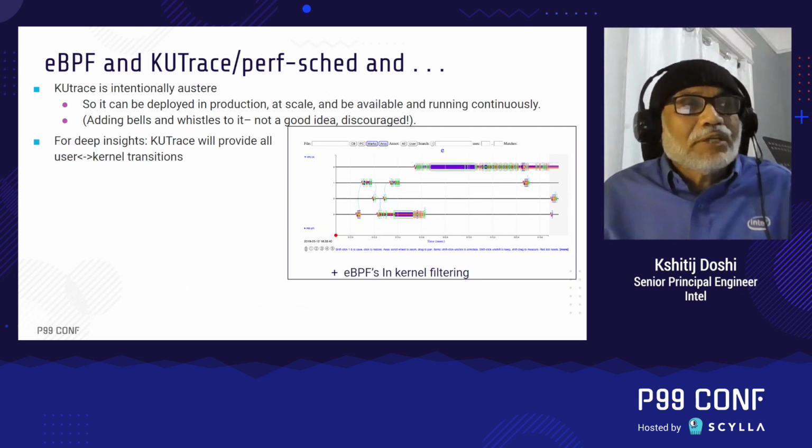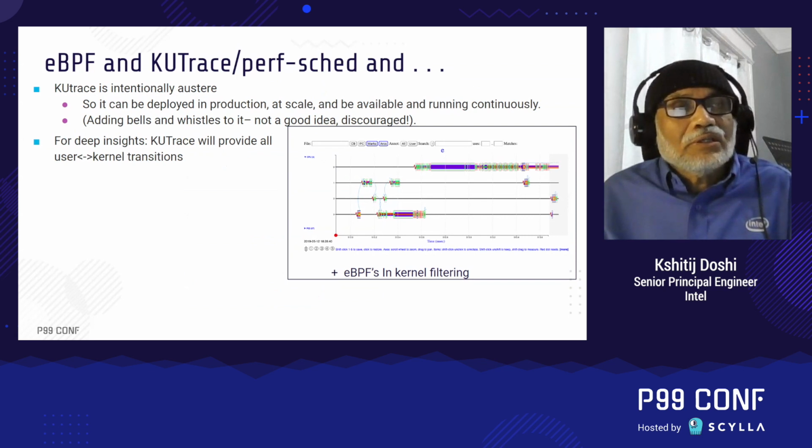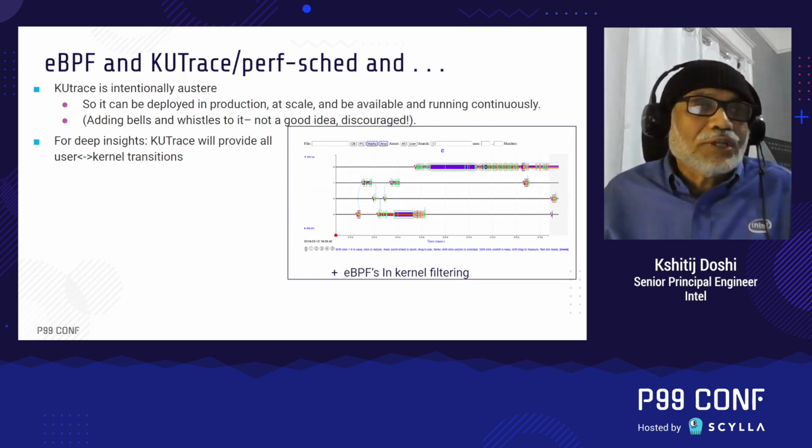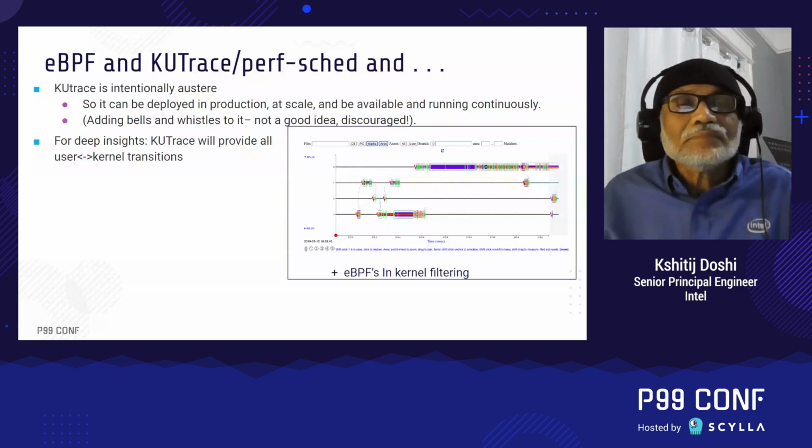And then with eBPF, one can zero in very quickly on collecting the samples that can be used to annotate what else was going on at the time those long latency events occurred.